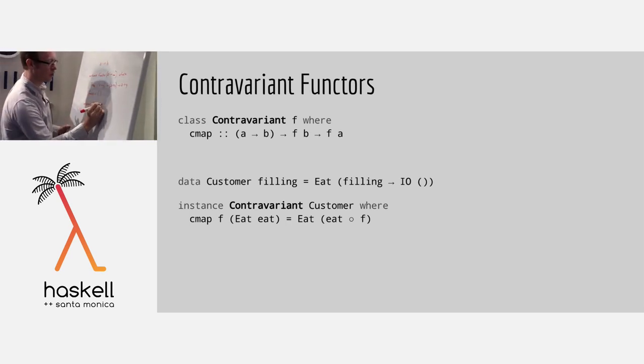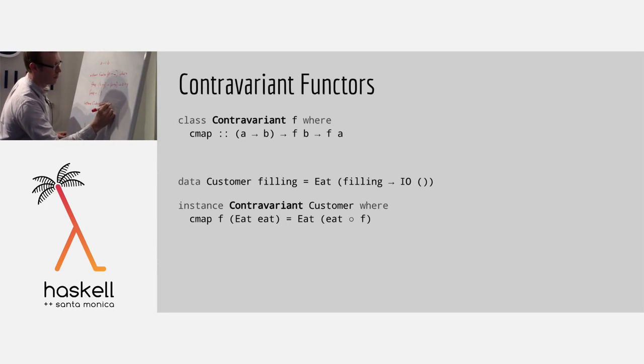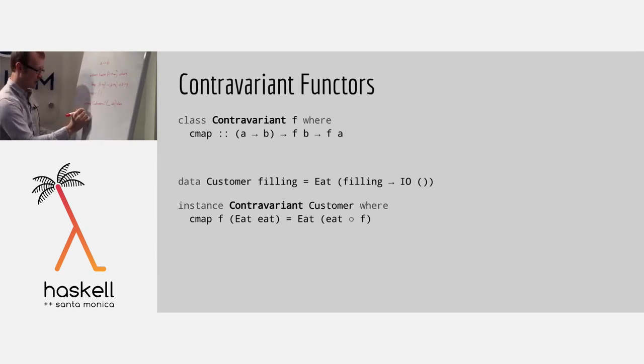So let's say we want to write a contravariant instance. But now my claim is that it's contravariant in this piece. Let's write out the signature again. We had cmap, and we needed an A to a B, and then a C of B. Alpha renaming, my head is not working.